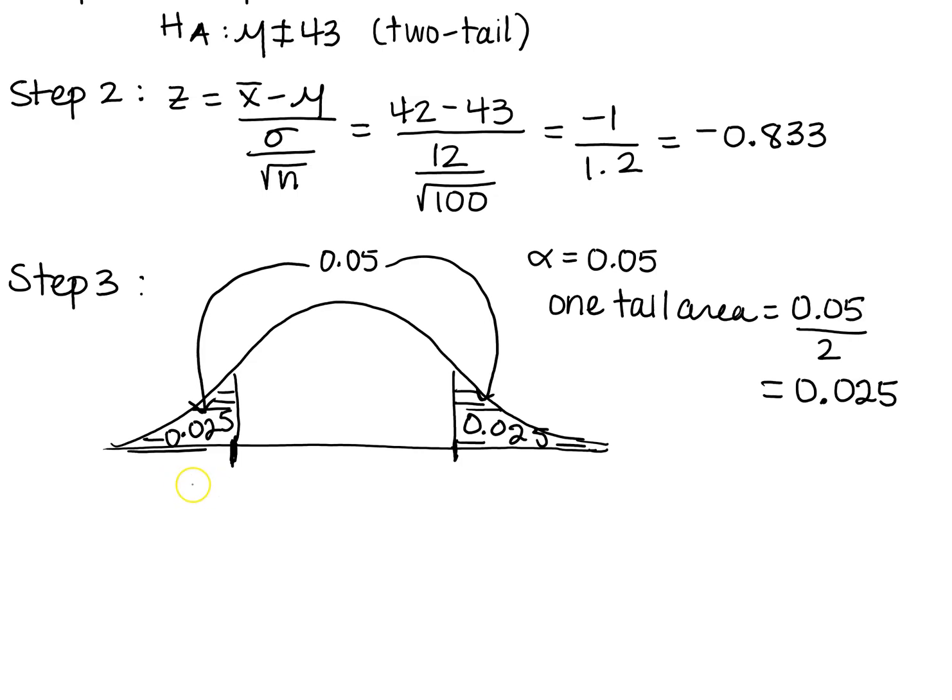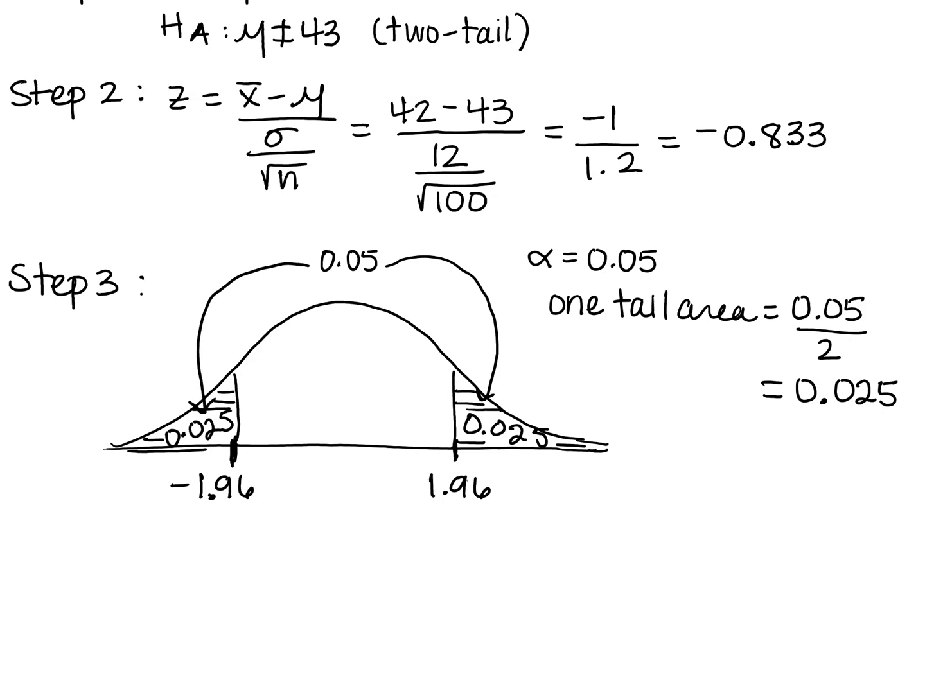So our critical value, or our critical values, we have two in this case. A two-tailed test has two critical values, positive and negative 1.96. Remember, there's symmetry here. So once we find one, we just have to change the sign to find the other.